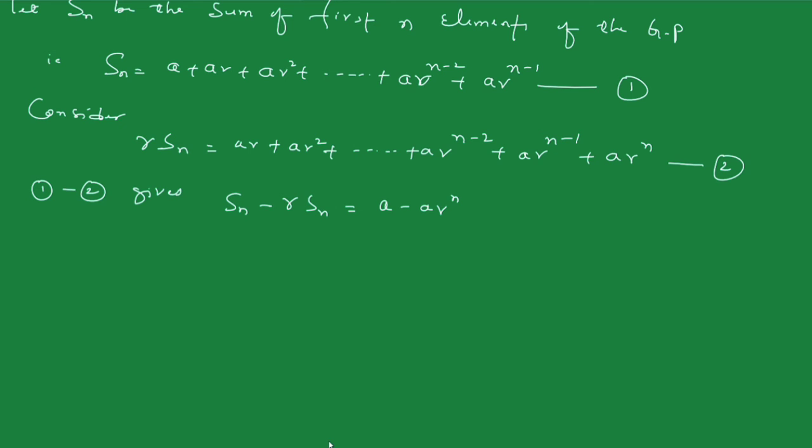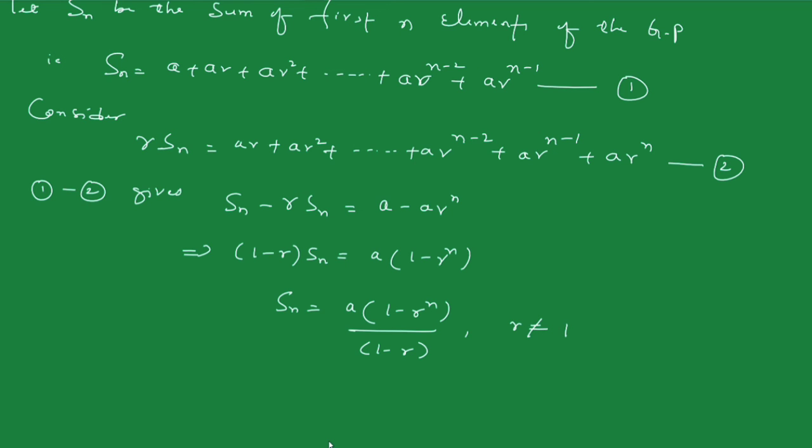So here, if we take Sn common, 1 minus r Sn, which is equal to, if we take a common here, a into 1 minus r to the power of n. So Sn equals, finally what we get here, a into 1 minus r to the power of n upon 1 minus r, where r is not equal to 1.